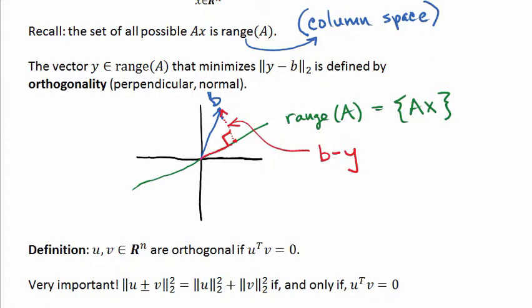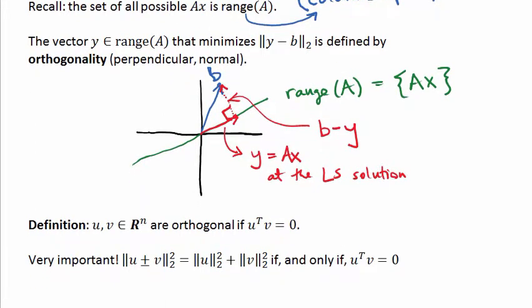The vector in the space that's closest is y, or A times x, the linear least squares solution. So this perpendicular property, mathematically we call it orthogonality. That's the term that we use in higher dimensions. Sometimes you see the term normal used to mean perpendicular as well.